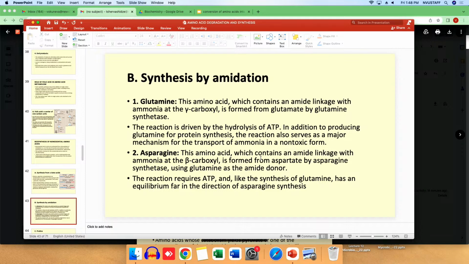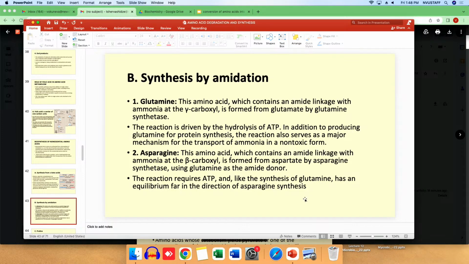Asparagine synthetase will synthesize asparagine. How can it do that? Where is it getting the amino group? Glutamine. The amino group should be derived from something, right? And this something is glutamine. It works as a source of the amino group, or as we call it, a donor of the amino group.